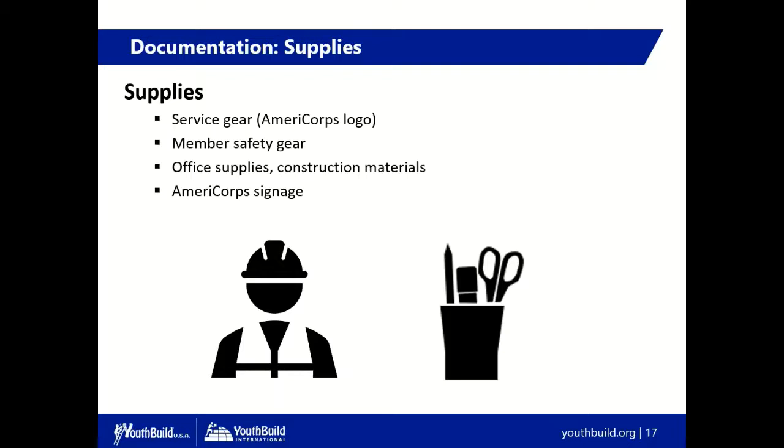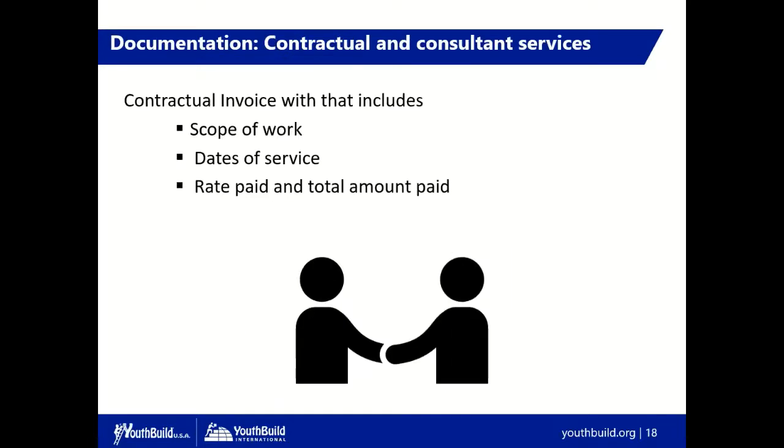And if you have member service gear, it needs to show the AmeriCorps logo on the outfit you are purchasing. If you have any questions around supplies, we highly recommend that you reach out to us before you submit your monthly reimbursement request, and that would remove any delay after submitting.